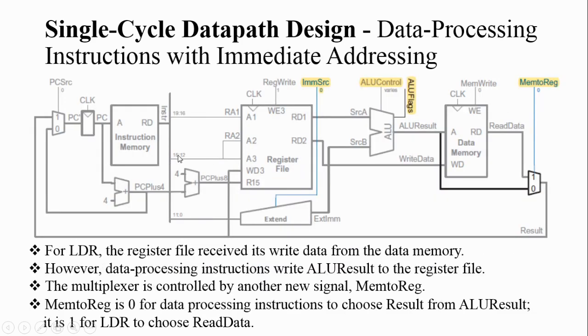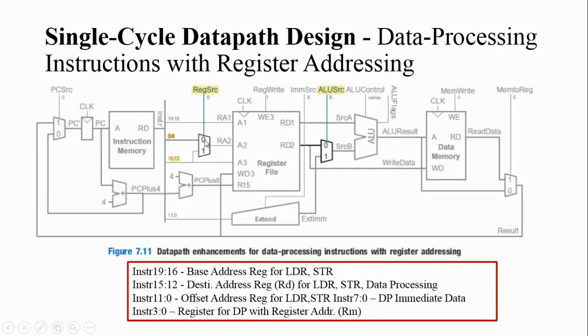That means A2 and A3 both will be configuring the destination register, and since you are performing the write operation, it will write. But here what you are adding is one more multiplexer, because here I need to perform read as well as write.